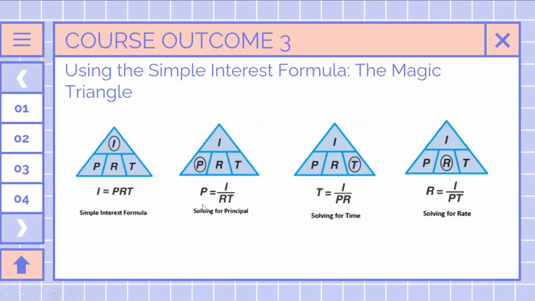The formula in getting the principal is interest over rate times time, while for time, it is interest over principal times rate, and for rate, it is interest over principal times time.